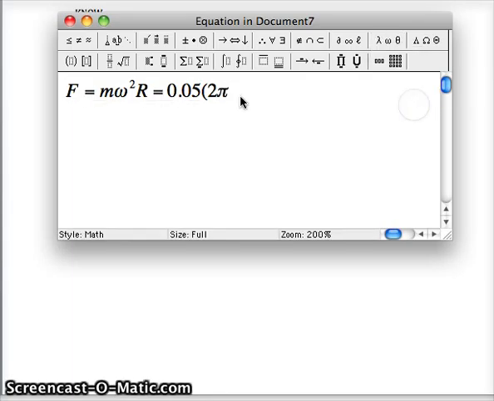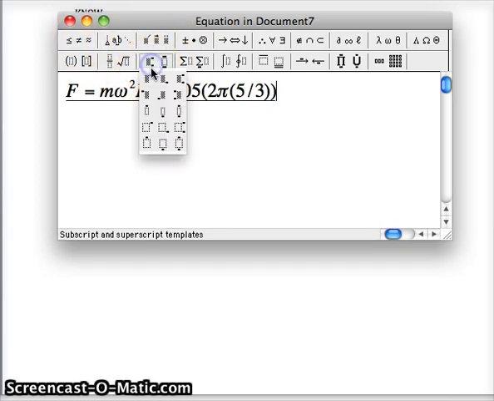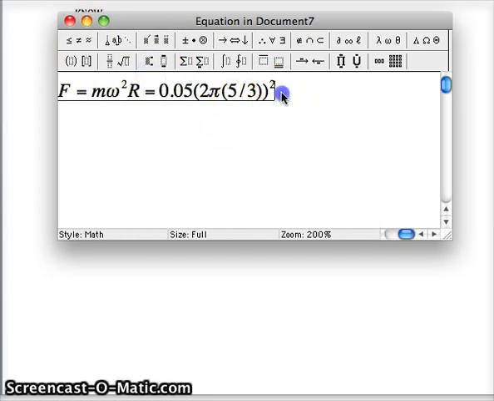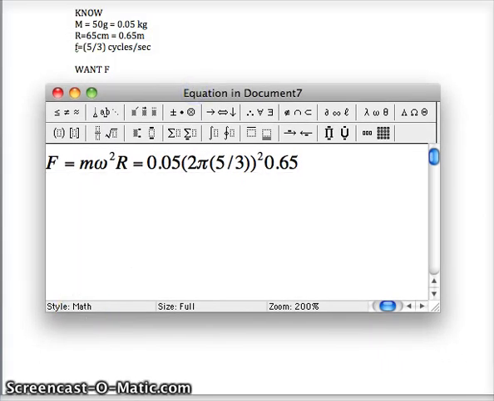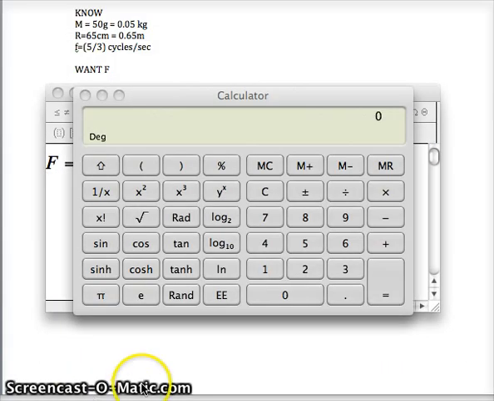times omega squared, which is 2 pi times 5/3, and all of that is squared, times 0.65. We'll take our calculator to figure that out.